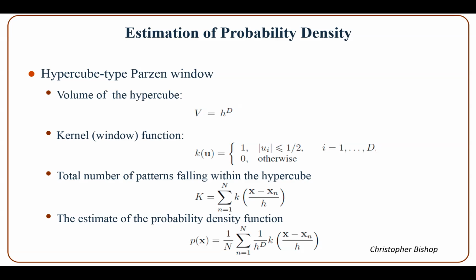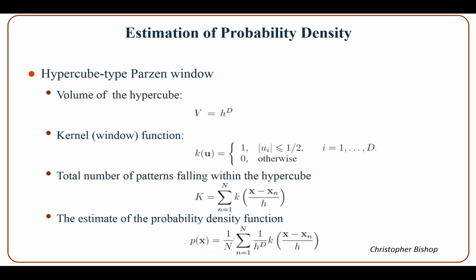The estimate result can be exploited in two different ways. We can either fix k and determine the value of v from the data, and that leads to the k nearest neighbor technique, or we can fix v and determine k from the data, and that leads to the kernel approach.